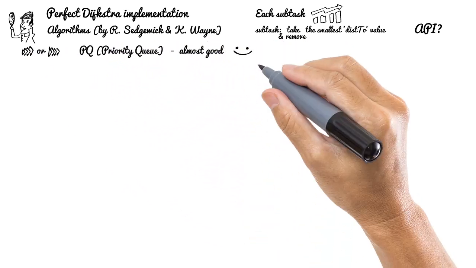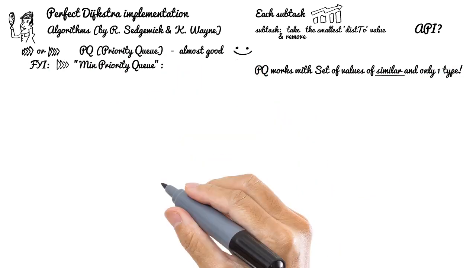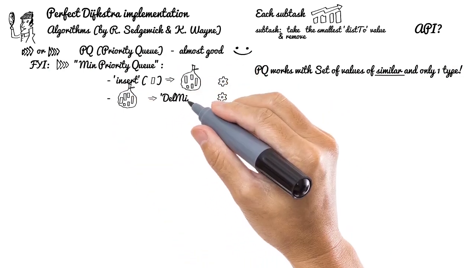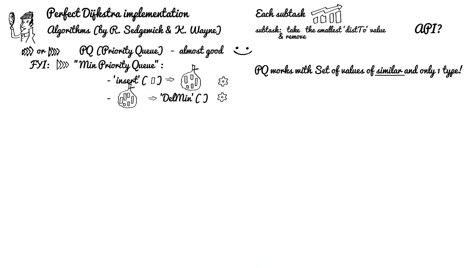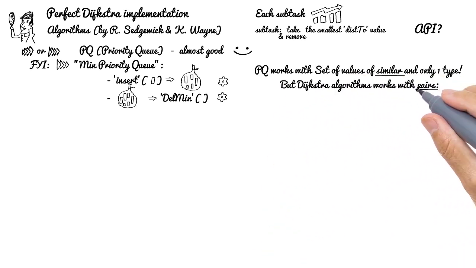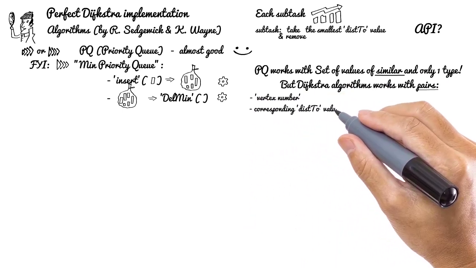But PQ originally takes care of a set of items of a similar type and has two main functions, insert item and delete minimum or delete maximum, returning and deleting the element of minimum or maximum value, depending on what type of PQ is implemented. For our Dijkstra algorithm, we work with a pair of parameters, vertex number and corresponding distance-to value.